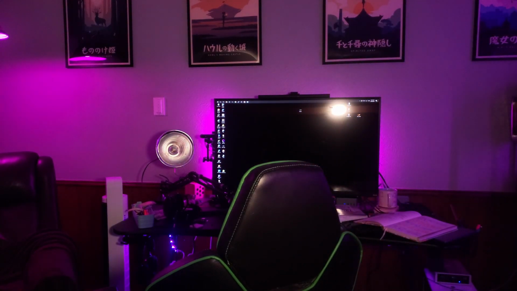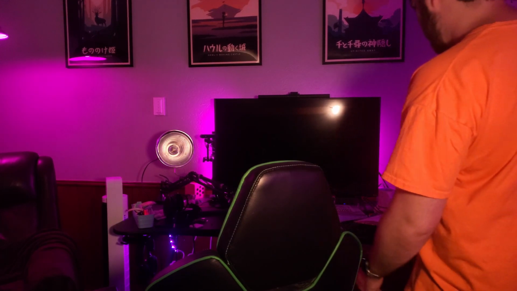Okay, so my second automation here is when I leave my desk zone here, the monitor will turn off. So yeah. Then when I come back, it turns back on.